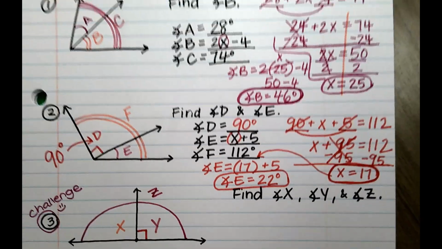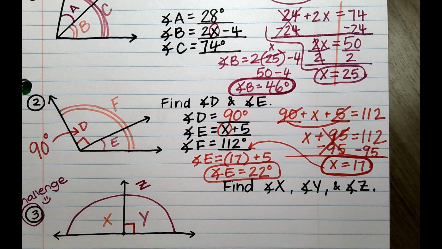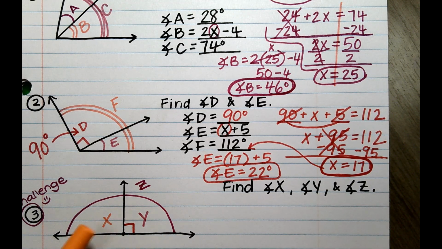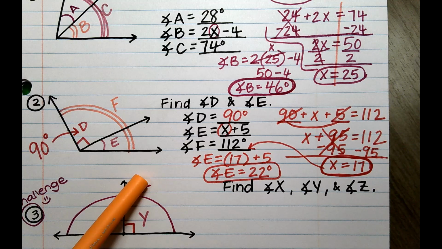Number 3 is interesting. I didn't tell you the measure of any angles. What on earth? Okay, number 3, I have these angles labeled X, Y, and Z. I want you to find all 3 of them just by looking at it. Is this possible to do? Yeah. It is. Absolutely.